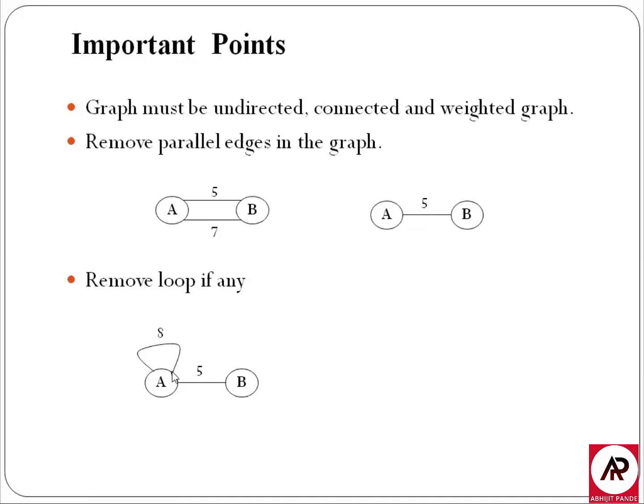So if the graph consists of a loop, then we simply eliminate that loop. So the representation after removing the loop from this graph is like this. Here we remove the loop having the value 8, so our graph becomes A to B with a cost of 5. Now let us apply all these rules and solve the example using Prim's algorithm.